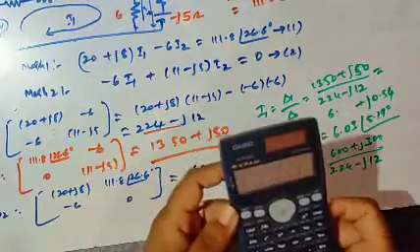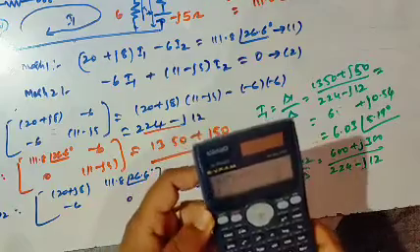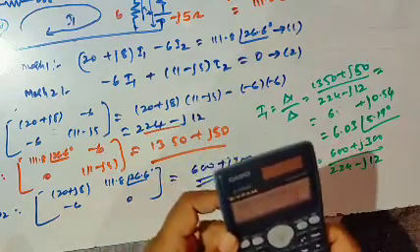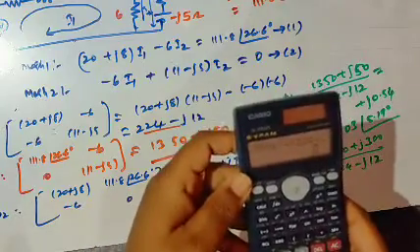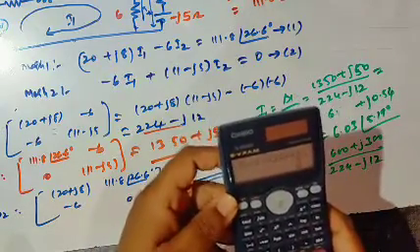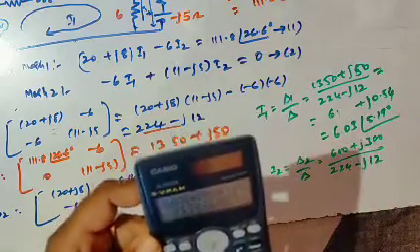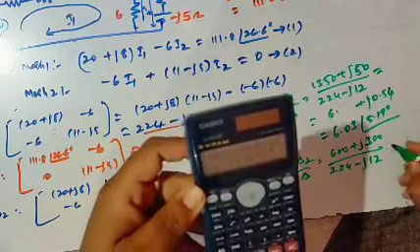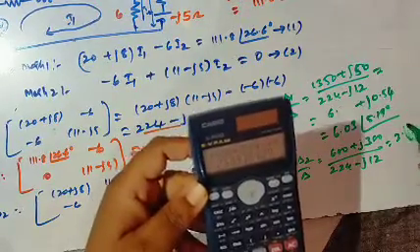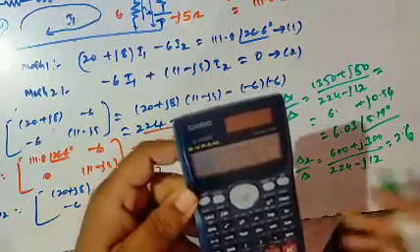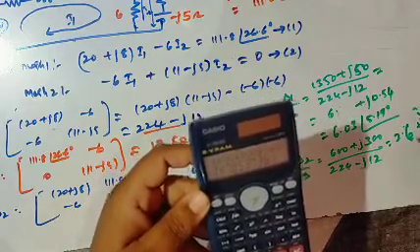Similarly, for this one, 600 plus 300I divided by 224 minus 12I, the answer is 2.599, which you can write as 2.6 plus J1.5.